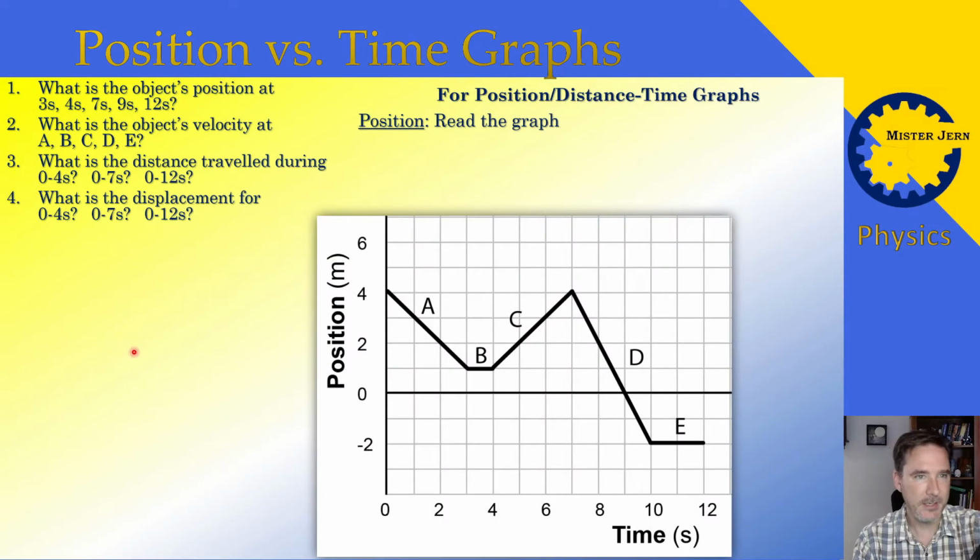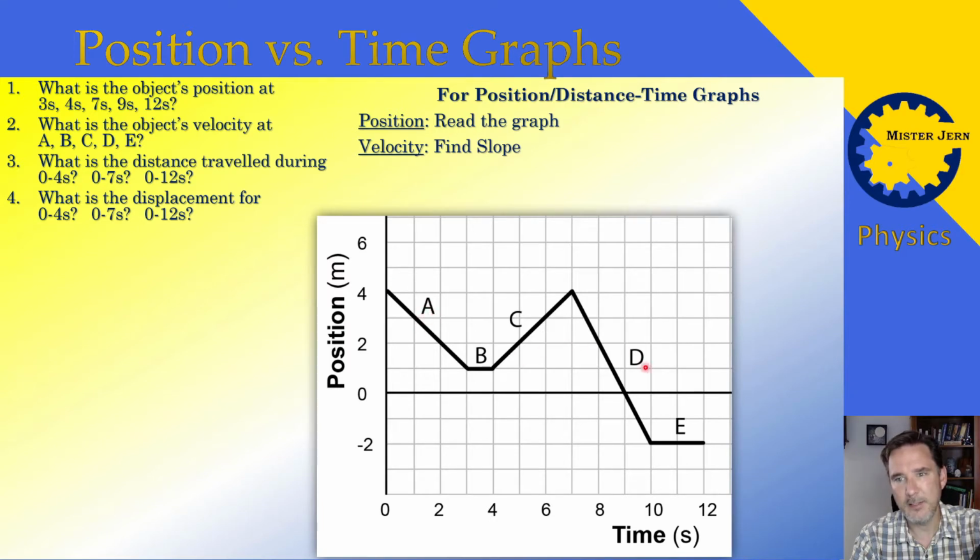For velocity at those letters, velocity on a position time graph is you find slope. And to find slope, we're going to have to use the slope equation in a moment, but I'll show you that.